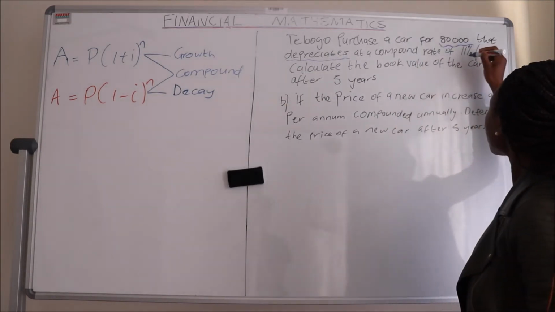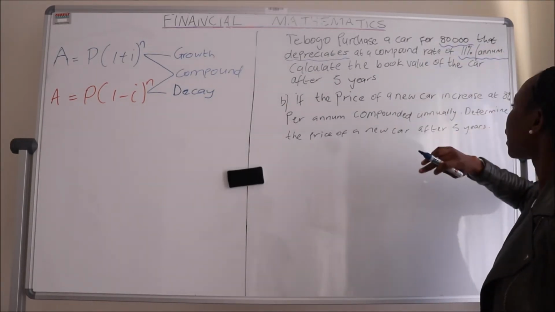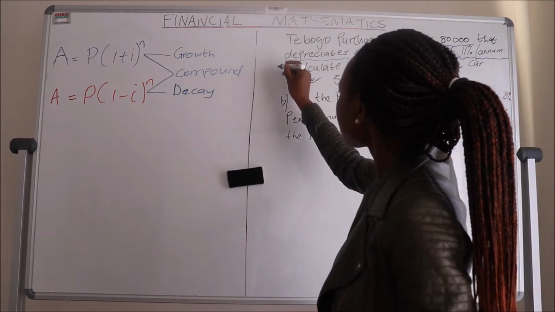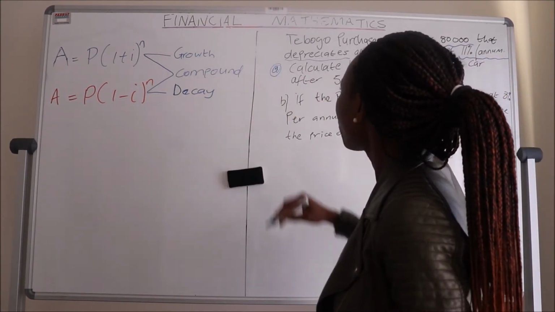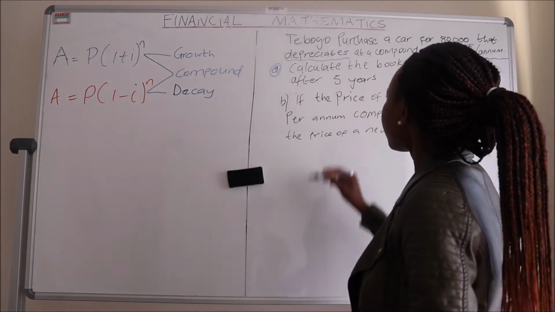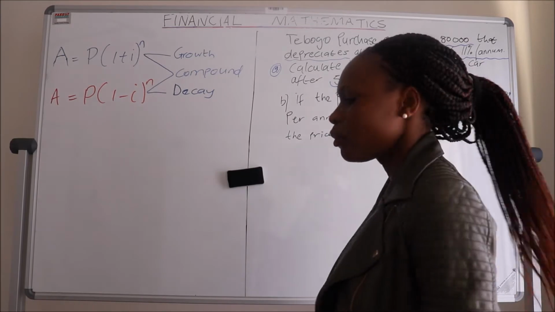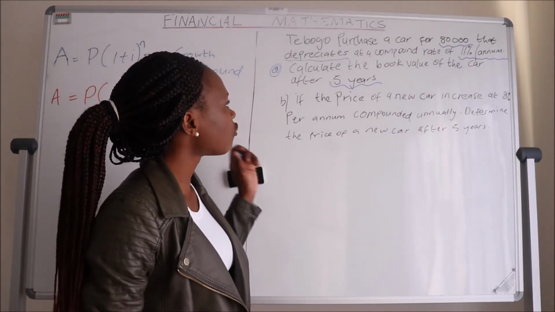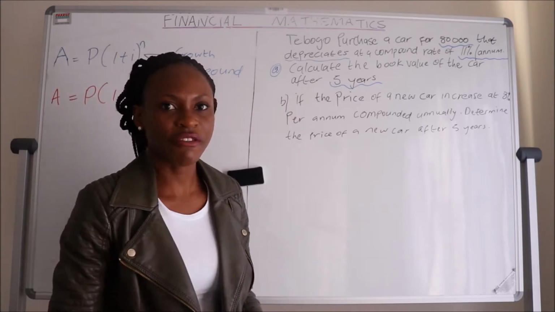The interest rate is 11%, calculated per annum, and we must calculate the book value. This is question A. The book value is the amount which will be calculated after depreciating over a period of 5 years.